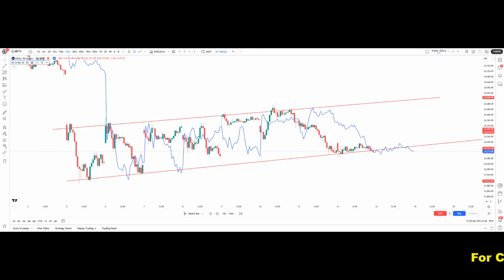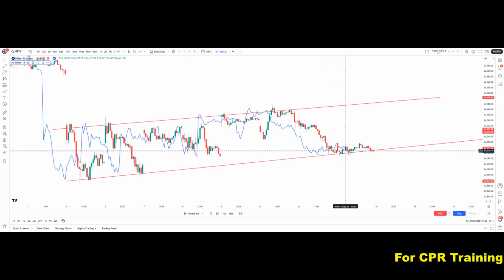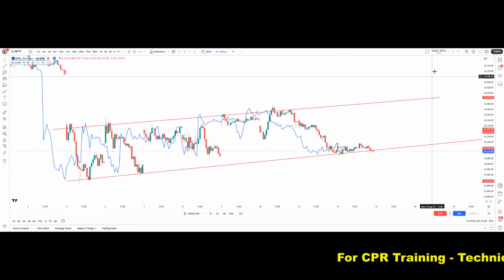So now the line chart is plotting 26 candles ahead. Now if you put minus 15, it will plot the minus 15. So it will plot 15 candles backwards, that is minus 15.